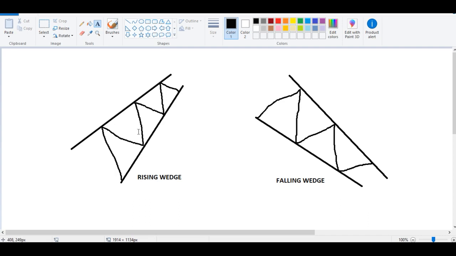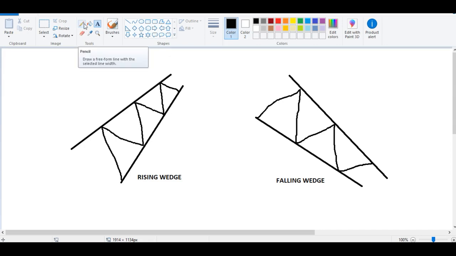That is basically a rising wedge. This is a very, very strong reversal pattern. Whenever you see this on the charts, be alert that a reversal will be coming very soon. When these patterns play out, they play out very, very effectively.